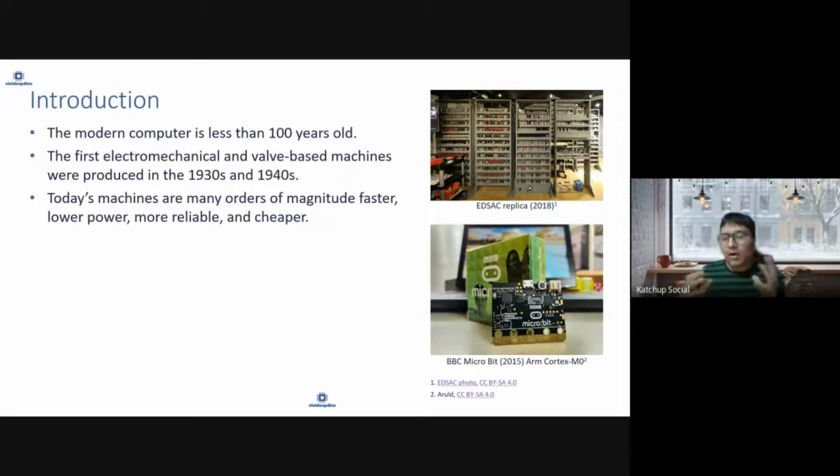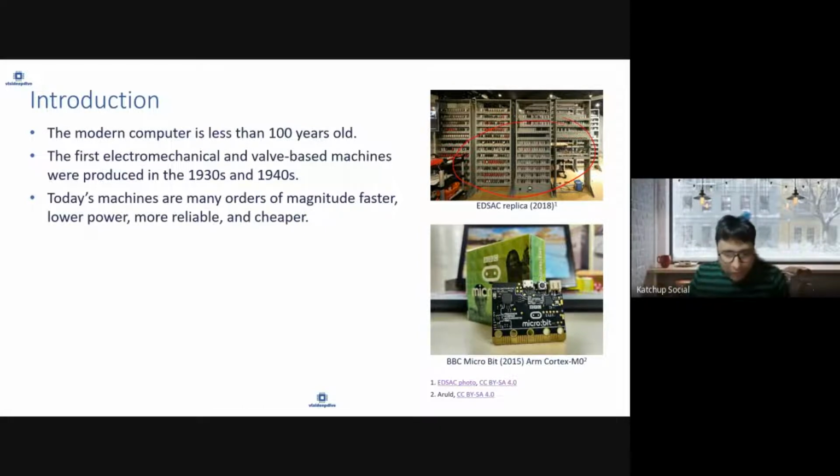Okay, so the modern computer is less than 100 years old. First, computers were electromechanical. These were relay-based machines, produced in the 1930s and 1940s, before the first transistor was built.